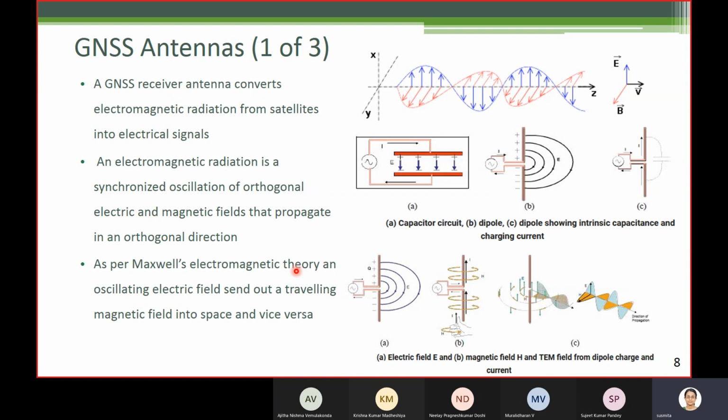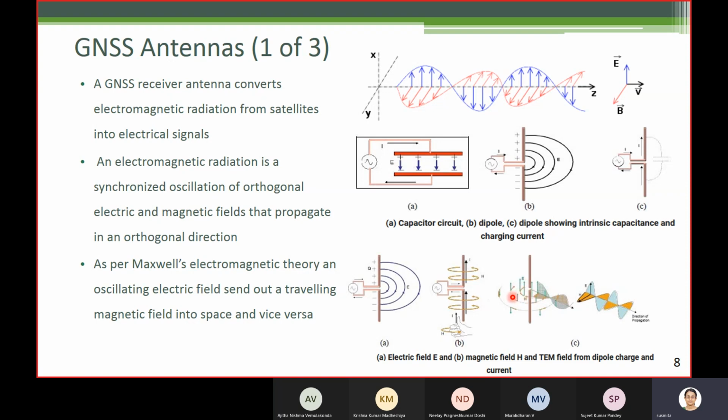He mathematically showed that when there is an electric field that alternates in time, it sends out a magnetic field into space. A traveling magnetic field is generated by a time alternating electric field.